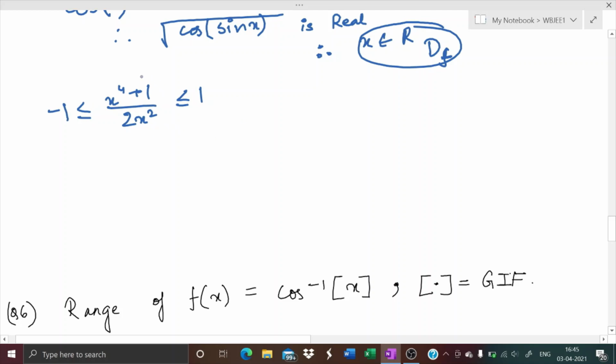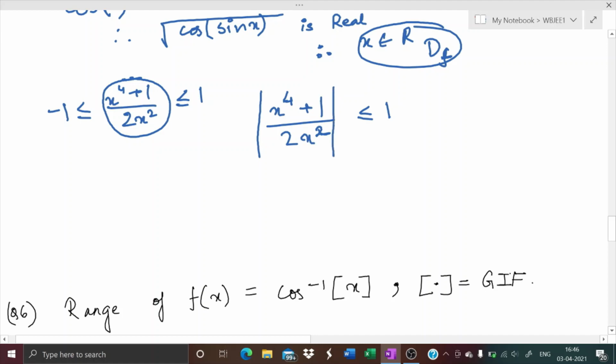You can see very clearly that this entire function is positive, because x to the power 4 is positive, 1 is positive, divided by x square is positive. So |x to the power 4 plus 1 by 2x square| is less than or equal to 1. I took the mod because minus mod opens to minus 1 to 1, and since this is positive, I will open the mod like this.